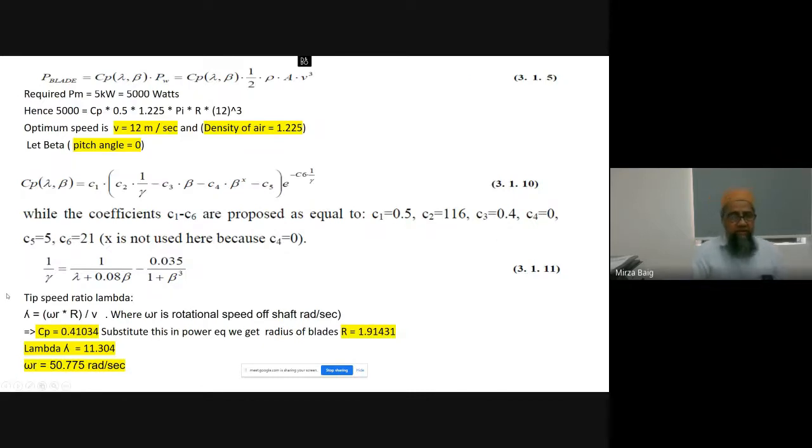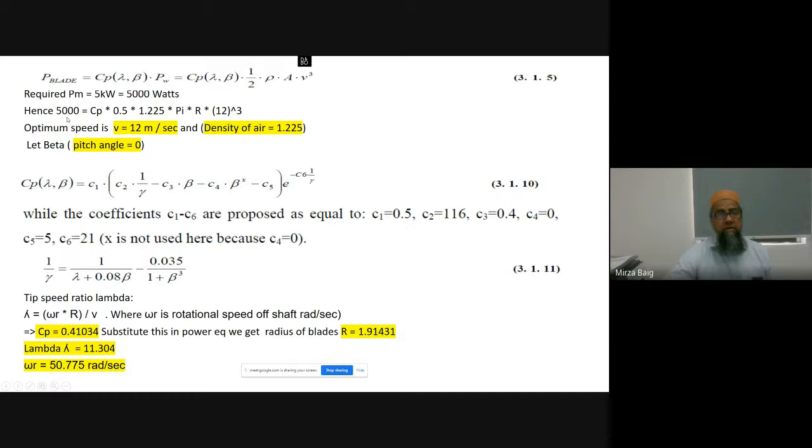Here's some calculation where we want to find out the different parameters for a 5 kilowatt wind turbine. So we have the power, which is 5,000 watts. Use this power equation.